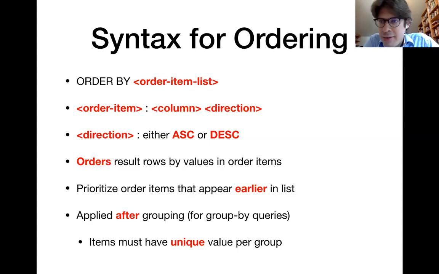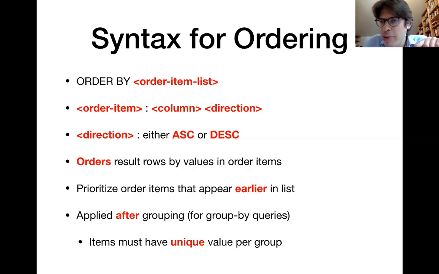Now, this statement ensures that the output of your query is sorted by those columns that you specify here. So in order to determine the sorting order between different result rows, the database management system will first look at the first order item that appears in your order by clause.